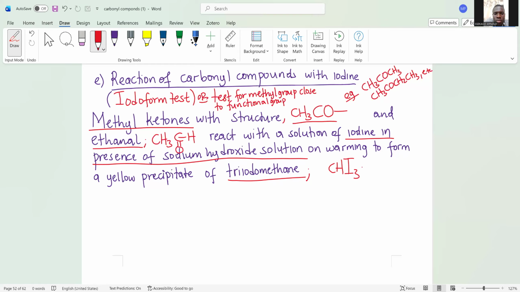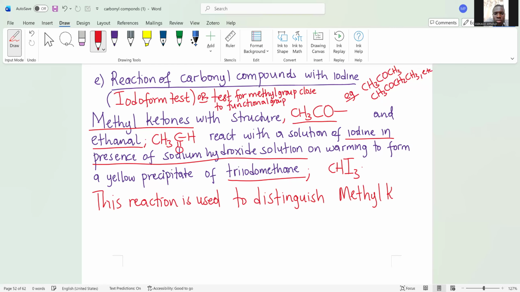This reaction is very important in organic practicals. This reaction is used to distinguish methyl ketones.